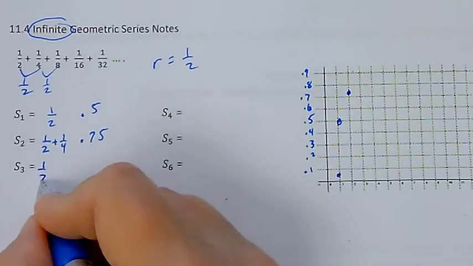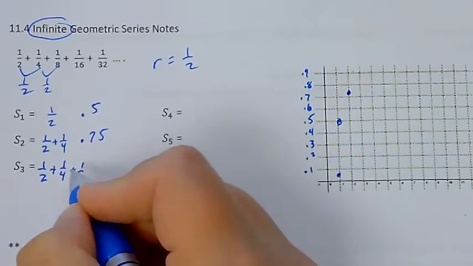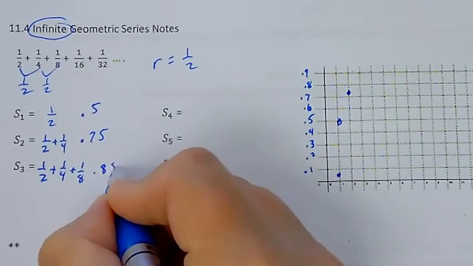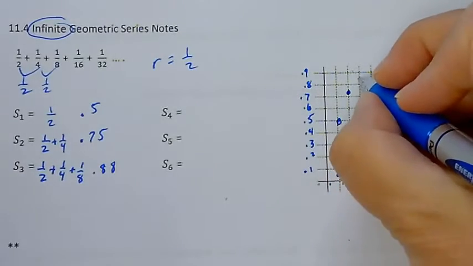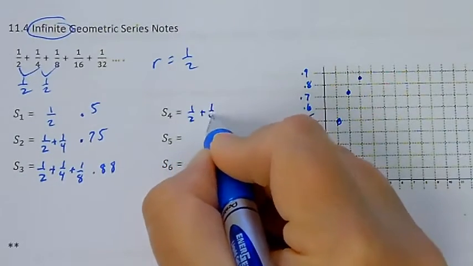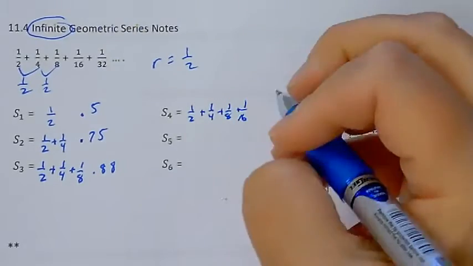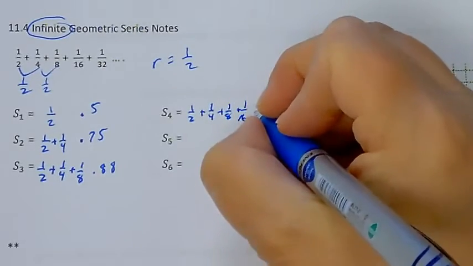What happens when I add a half plus a fourth plus an eighth? If you put that in your calculator, you get 0.88. Let's add a half plus a fourth plus an eighth plus a 16th. When you put that in your calculator, you get 0.9375.